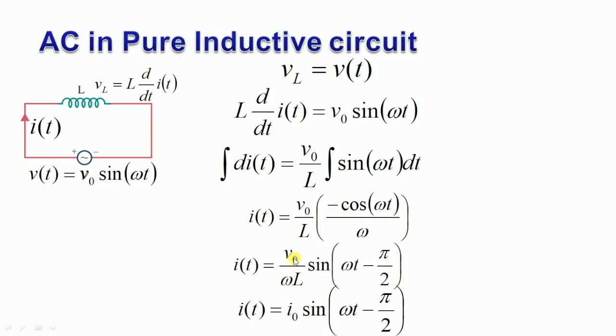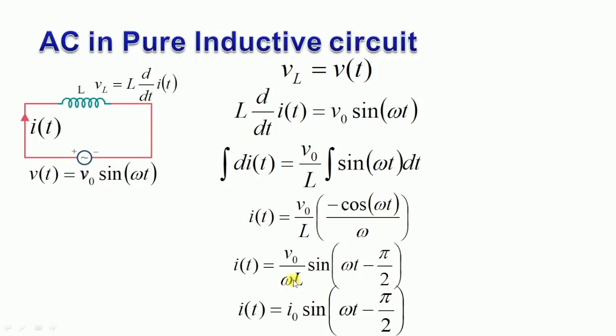So here V0 upon omega L, so V0 upon R, omega L is kind of the opposition to the flow of current. So this is called as reactance. As it is offered by inductor, it is called as inductive reactance. So omega L is a new term appearing in the denominator.